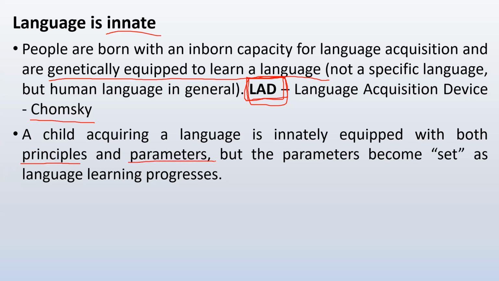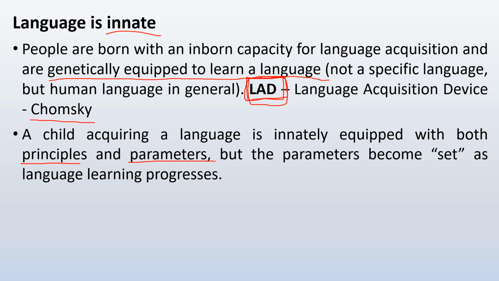The child is equipped with both aspects. The child has the ability of principles as well as parameters, but with time, when the baby is growing, these parameters become fixed, become set as language learning progresses.